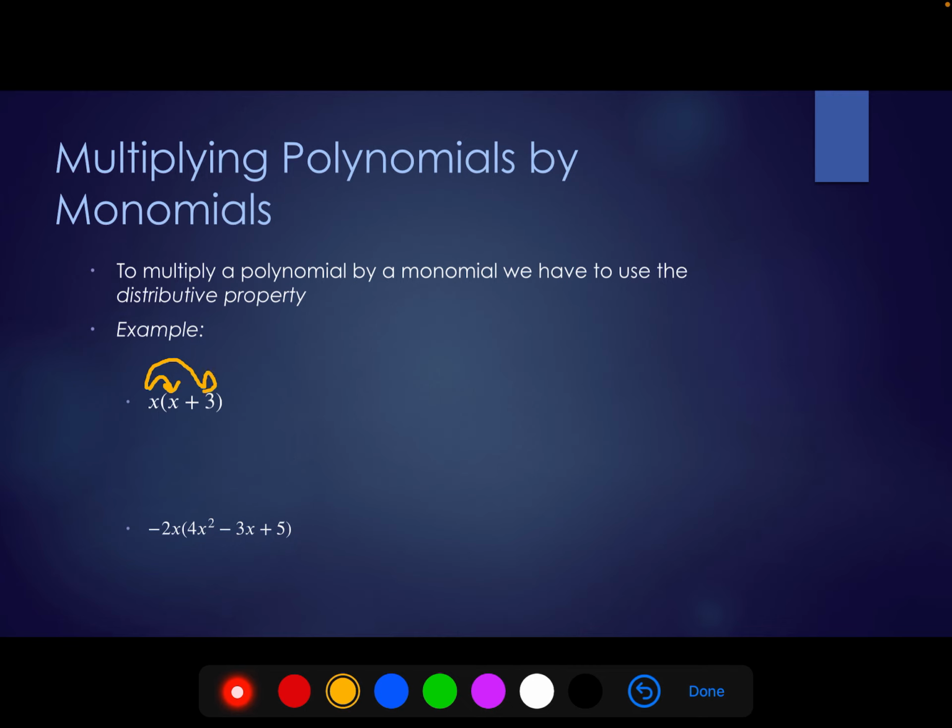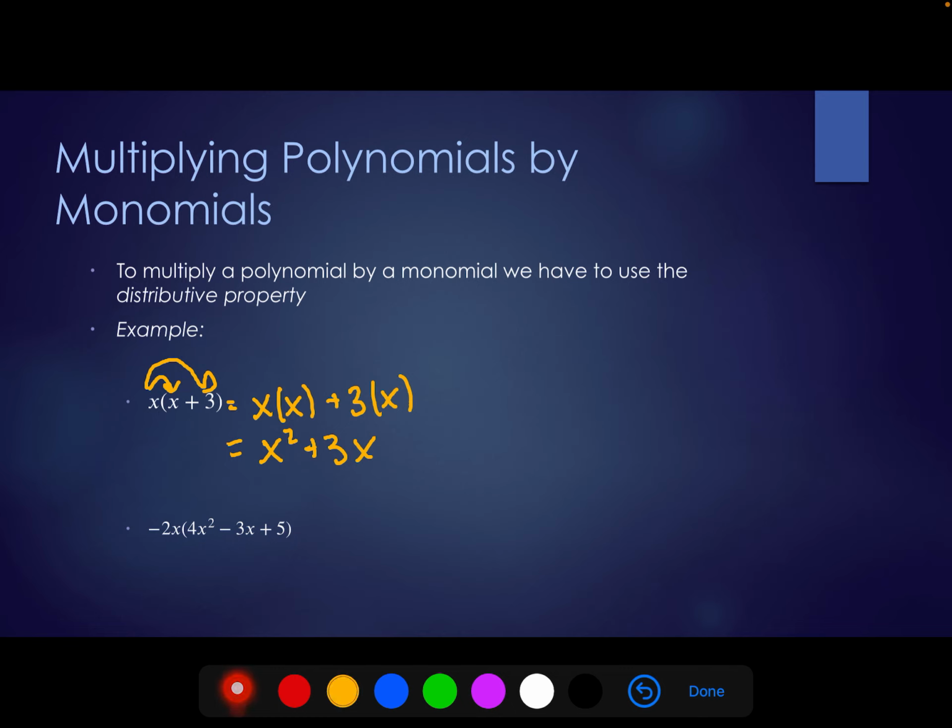So first we have to do x times x, that equals x squared. And then we have 3 times x, and that gives us 3x. So we distributed, and we got x times x plus 3 is equal to x squared plus 3x. And that's how we do it. We're just using that distributive property.